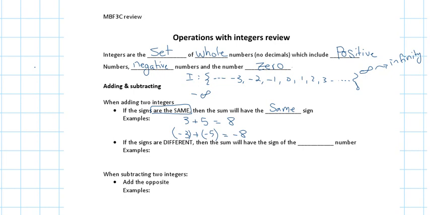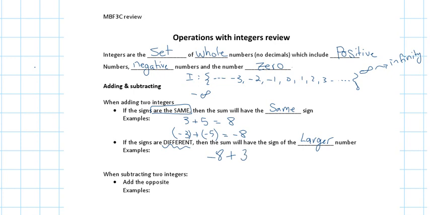Okay? So anytime you're adding two integers with the same sign, you're going to end up with the same sign as the two integers. If the signs are different, then the sum will have the sign of the larger number, right? So in this case, I'm looking at different signs. Let's look at an example. If I have, let's say, -8 plus 3, I have two integers. One is negative, the other one is positive.